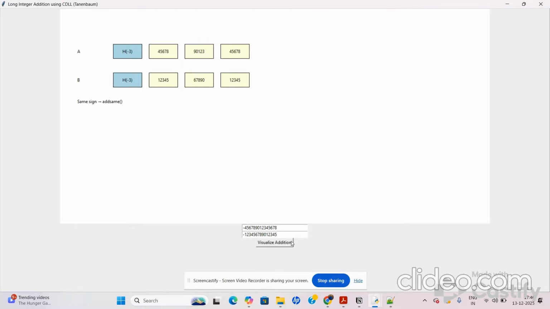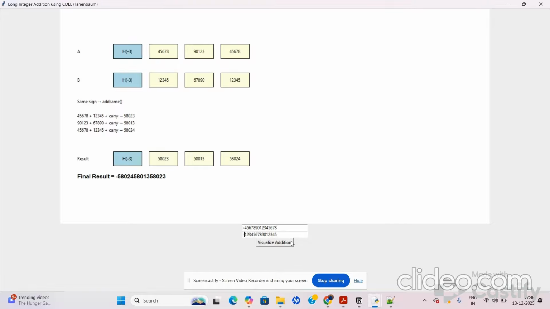This time the header node consists of the value 3 but the sign is minus, but still both of them have the same sign, right? So you still call the addsame function and you keep on adding the values from the nodes, and the result is stored like this.